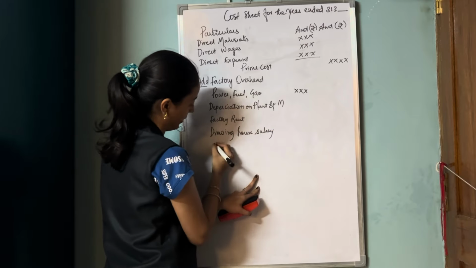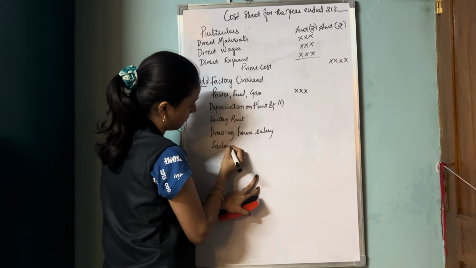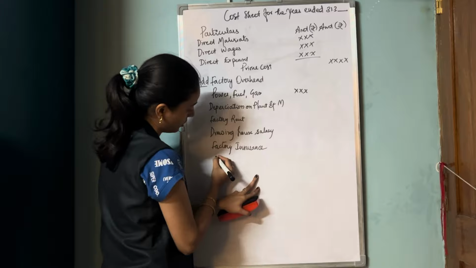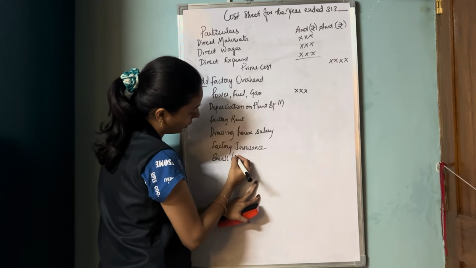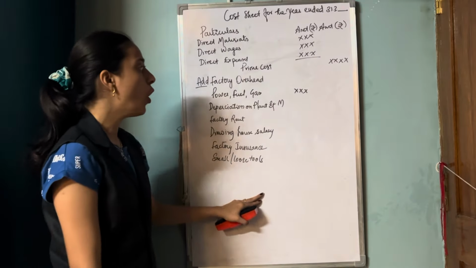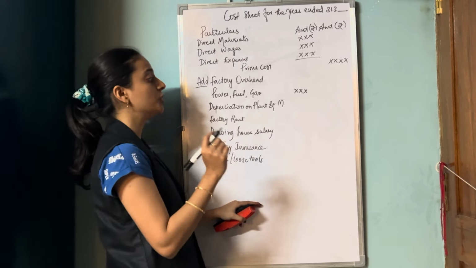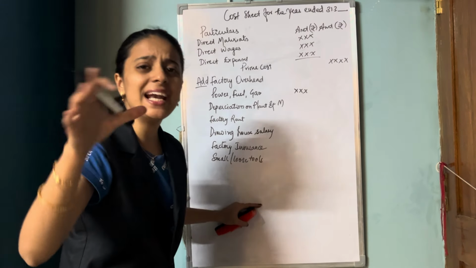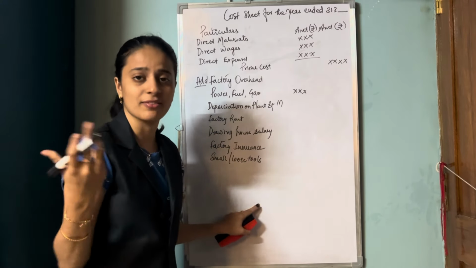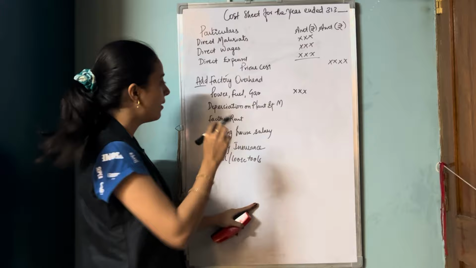drawing house salary, factory insurance, small or loose tools. All such items, when you read them, you will understand that they come under factory. Power, fuel and gas, where do we use it? For manufacturing, right?